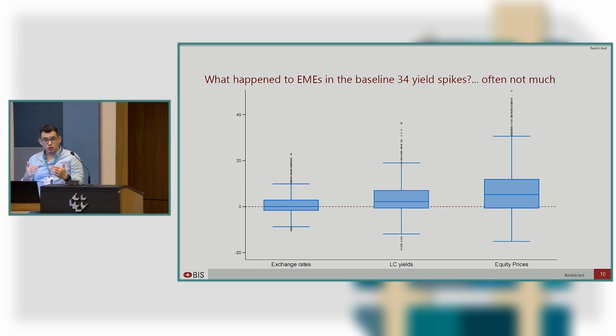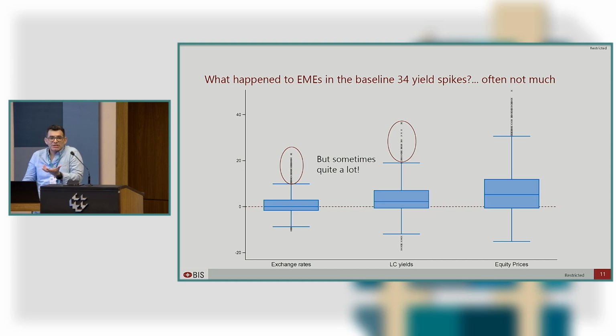Local currency yields do increase a little bit, although not 1-to-1, in emerging markets, and equity prices actually increase. But on some occasions, there are outcomes that are actually pretty bad. There are occasions in which there are important overshoots of the nominal exchange rate in emerging markets and important spillovers to local currency bonds in emerging markets.